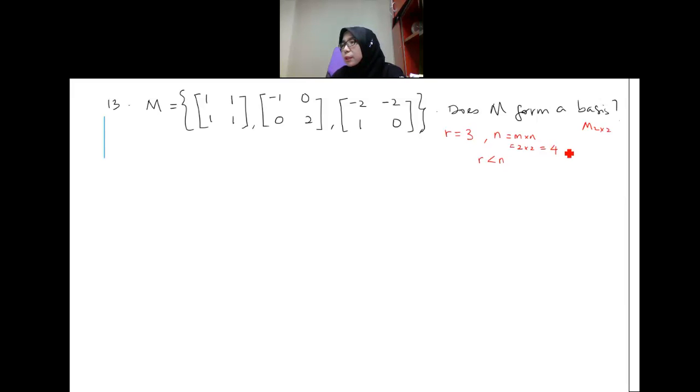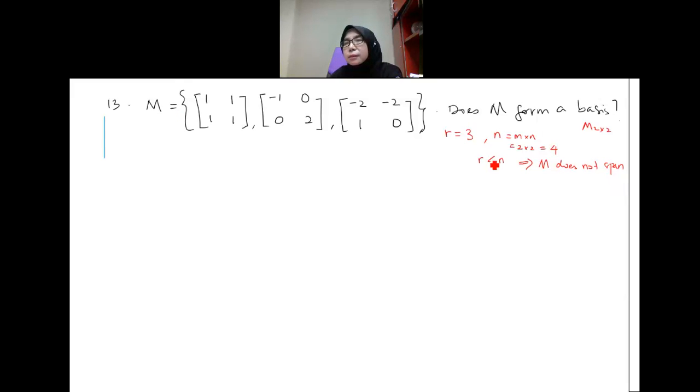So refer to the theorem. What theorem? Refer to my previous slide about basis. There's one theorem: if R is less than N, then this set M does not span.